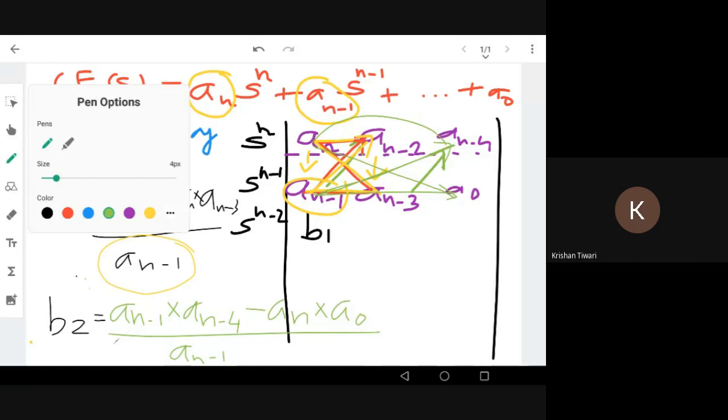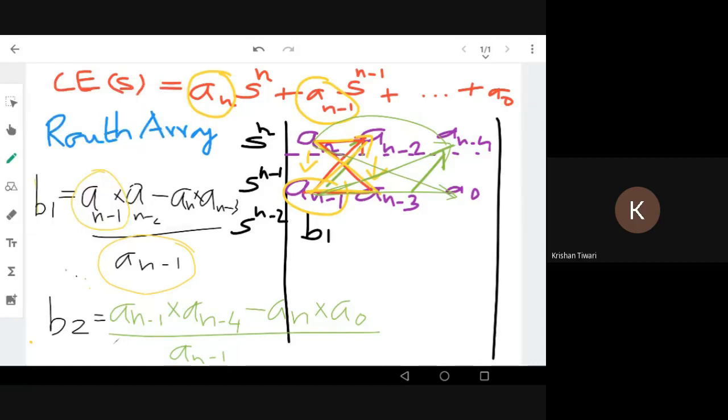You can see I'm starting from a(n-1) going to a(n-4), that is we are trying to find b2. So we are taking the column right of b2. Then minus again a(n) into a0 here, although it can be a(n-5), I'm just taking an example here.